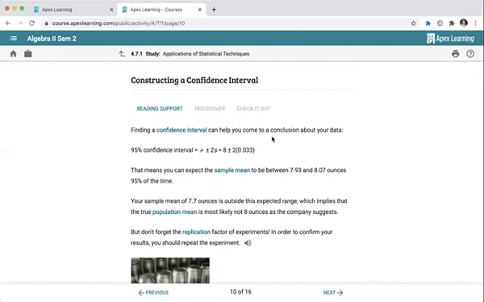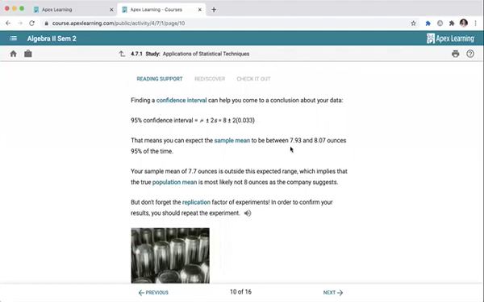We can also do other things like constructing our confidence interval. Our confidence interval is our average value plus or minus 2 standard deviations. Based on our data, our standard deviation is 0.033, and that means that our sample mean confidence interval is between 7.9 and 8.07 ounces.